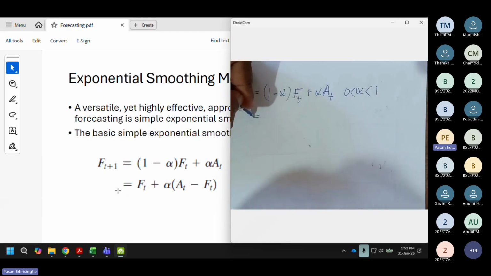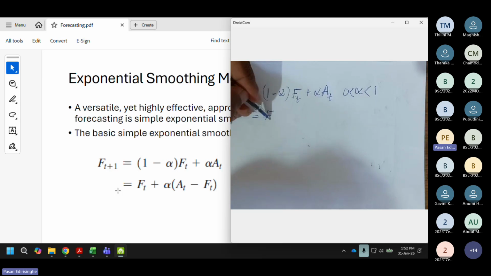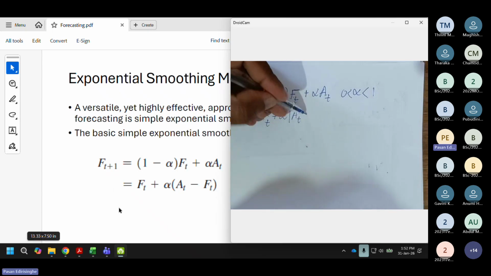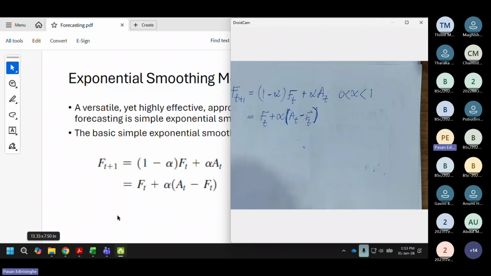And then if you rearrange the terms, if you factor alpha here, right? So then you will get the F_t. Then I can take alpha, and then it is A_t minus F_t, right?